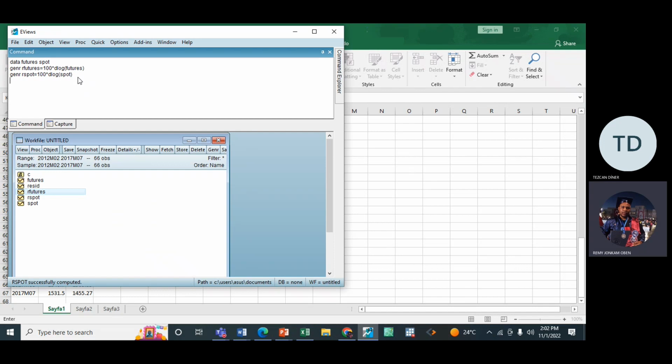Is it fine? By the way, if you are not understanding, you can ask me. Maybe you have a problem, you're not understanding something. How to get a log if you have negative values in the series? I explained that, right?